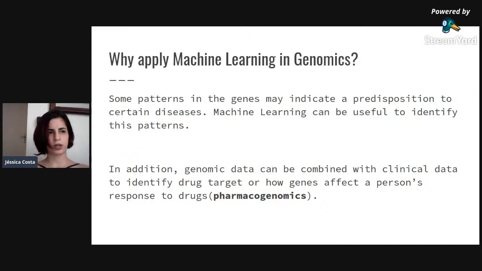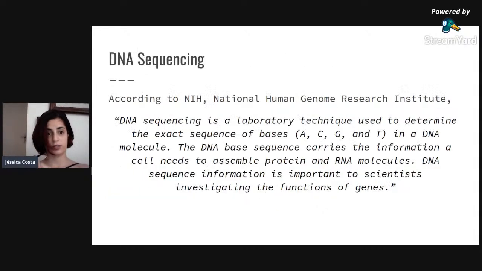So we discussed genomics, but why apply machine learning in genomics? We can see in this analysis, these DNA sequences form many databases.